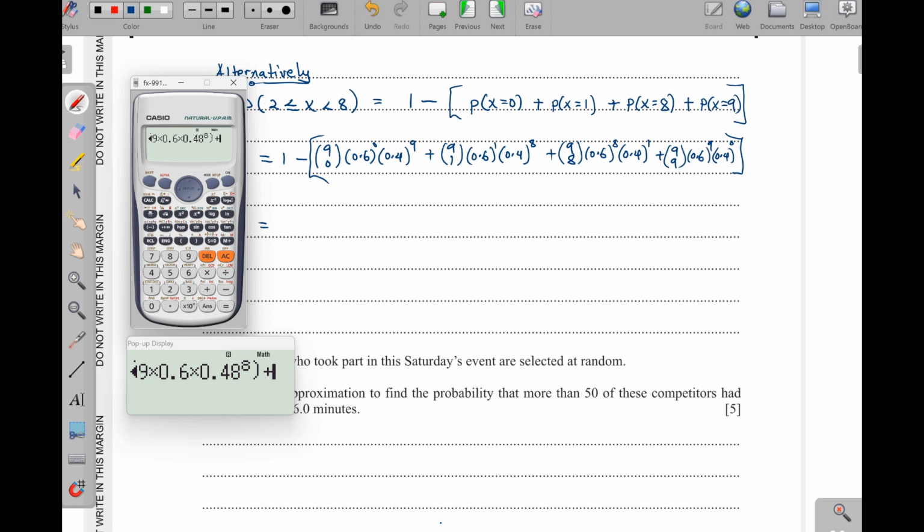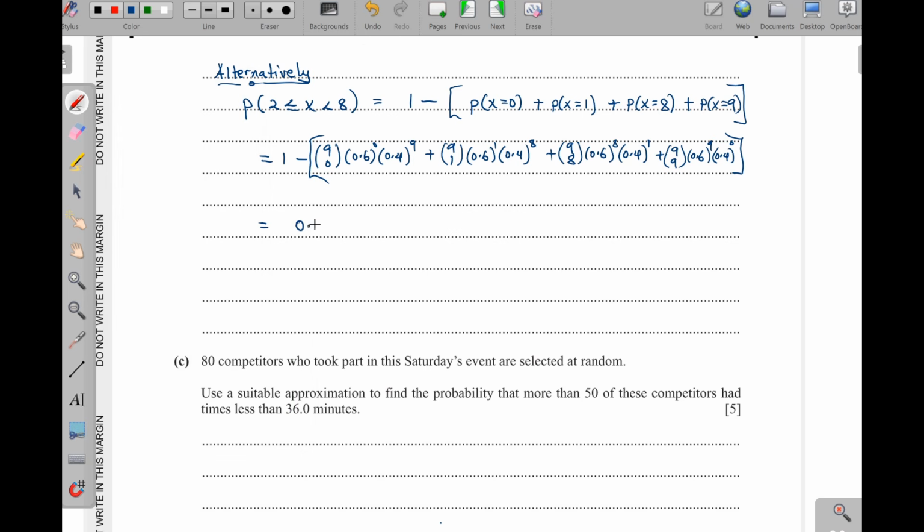Then plus 9 combination 8 is a 9, then times 0.6 power 8, then times 0.4 power 1, then plus 9 combination 9 is a 1, and what we are left with here is 0.6 to the power of 9. Now this one here, oh, there is a 0.48 instead of 0.4. So if I take that off, this is what I'm having. Then subtract this from 1. So 1 minus the answer, 0.926. 0.926 to 3 significant figures.